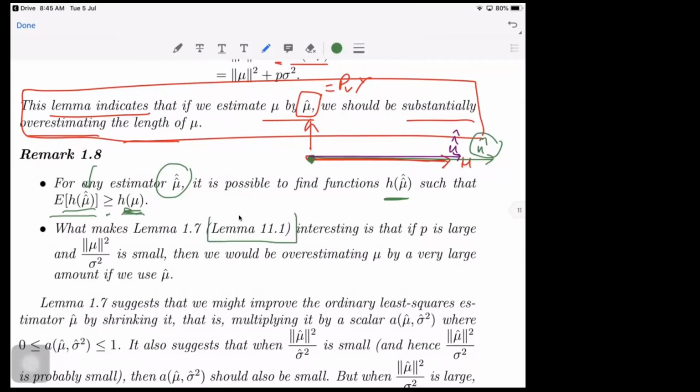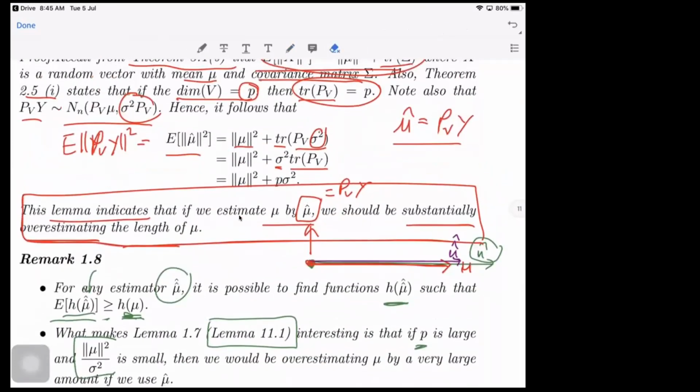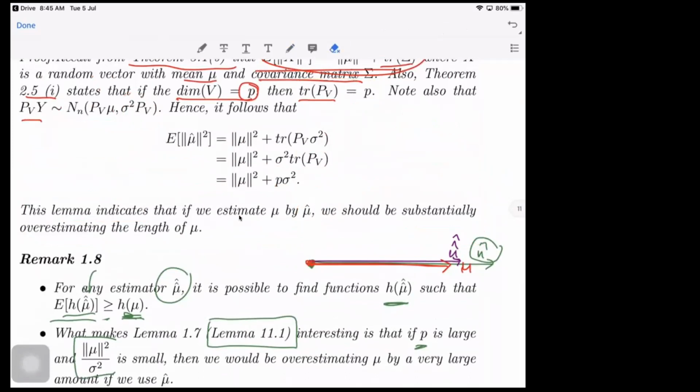Now, what makes lemma 11.1 interesting is that if P is large and this component here is small, ibig sabihin if we try to look at this formula here, if we try to standardize it with sigma squared.